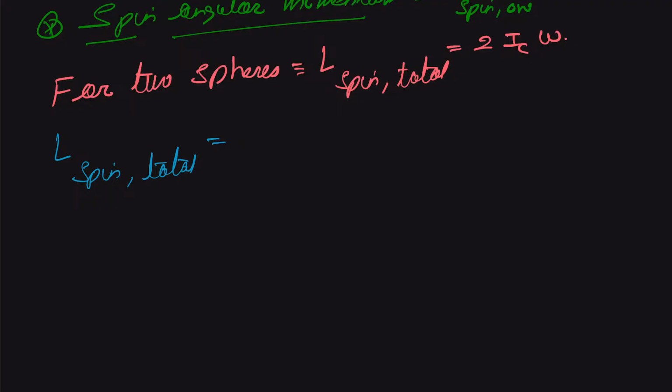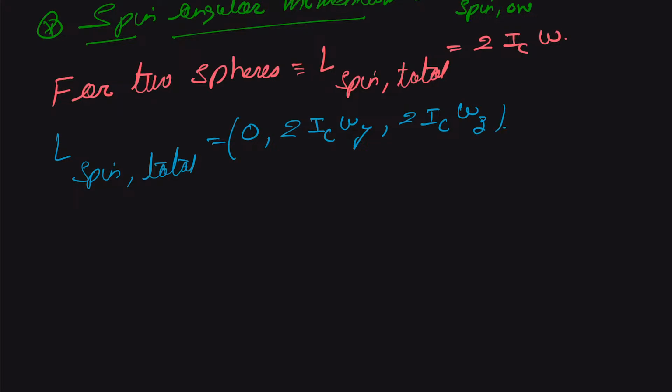We can write this in coordinate form. We have 0, because omega doesn't have an x component, and then 2Ic ωy and 2Ic ωz.